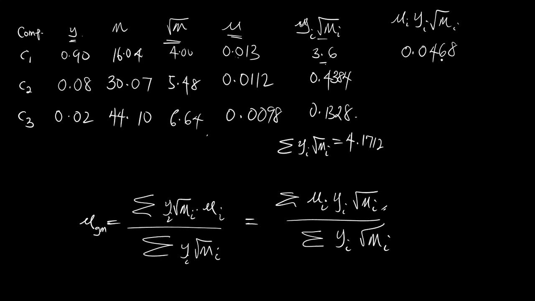Now 0.0112 times 0.4384 will give us 0.0049. Now 0.0098 times 0.1328 will give us 0.0013.